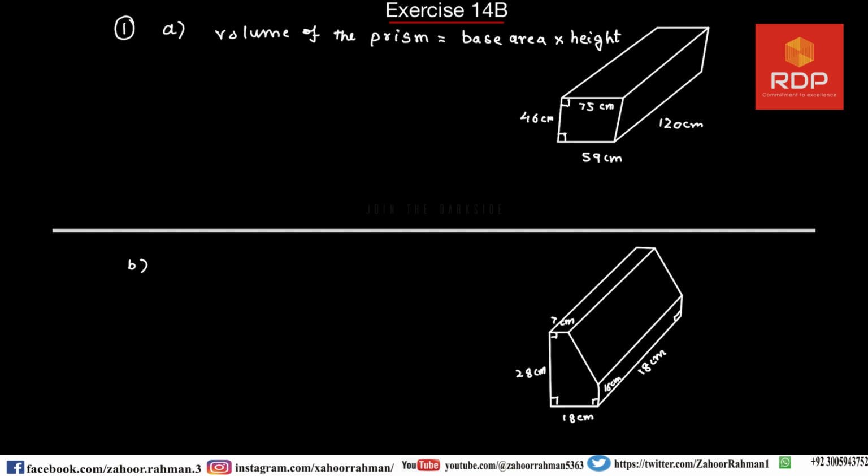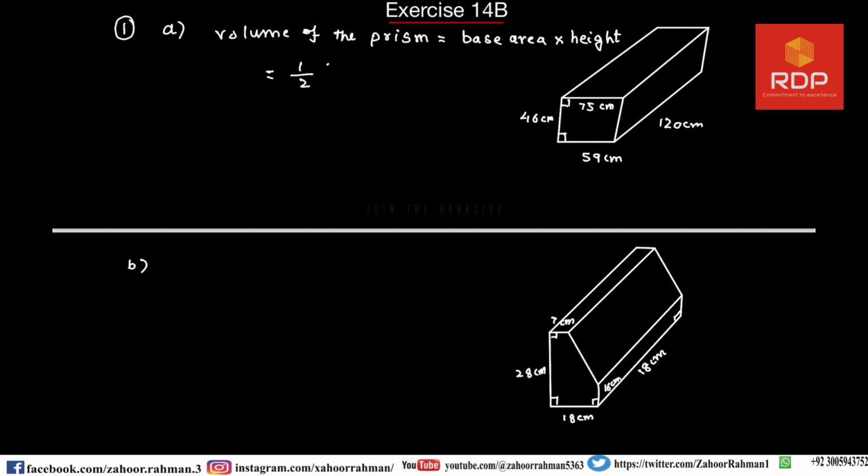Now in this case the base area is a shape in which two sides are parallel, this one and this one, and there are two non-parallel sides. So it means that it is a trapezium.